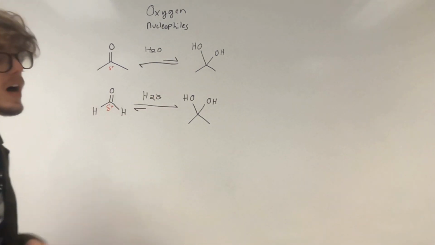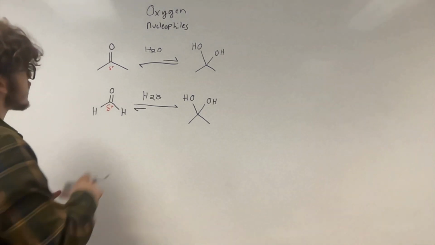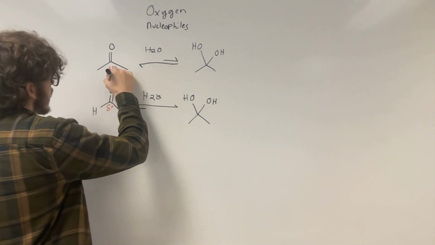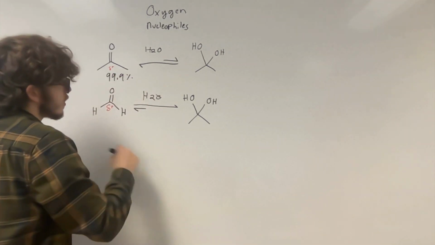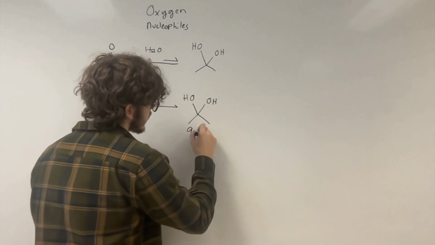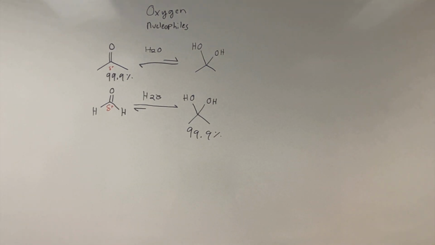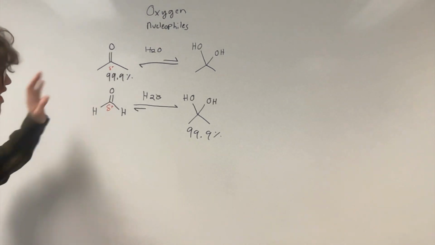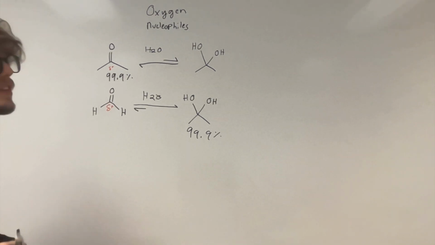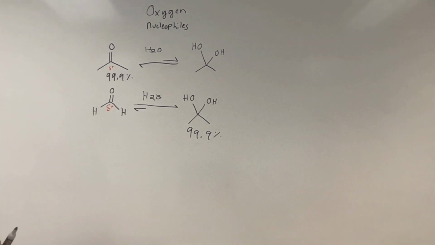We get very little hydrate. I mean, the equilibrium is like, this is almost 99.9% of the product mixture, where if we just took formaldehyde, this would be 99.9% of the product mixture. That's how different this is. Okay, so that's just an important note to make. The reactivity of that carbonyl can affect the equilibrium of hydrate formation.